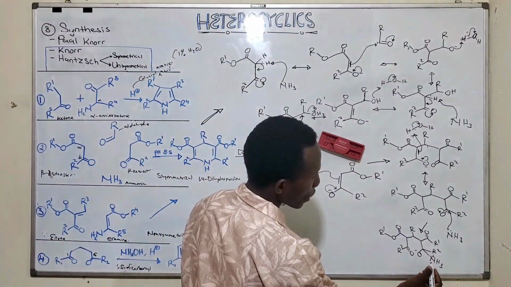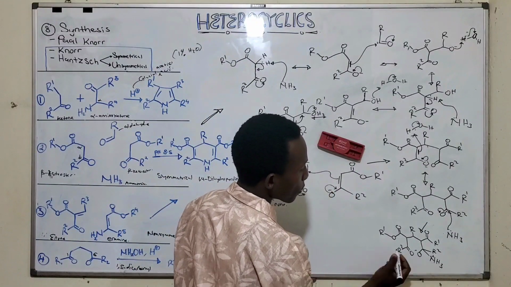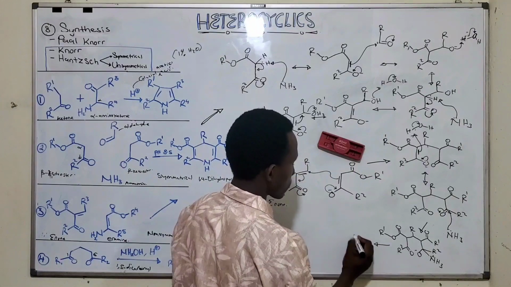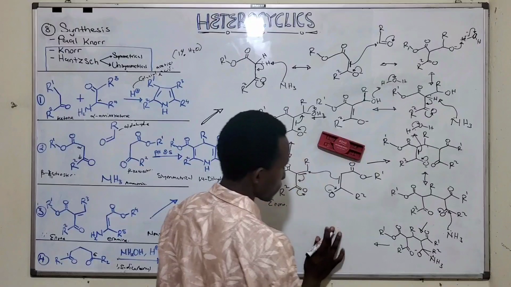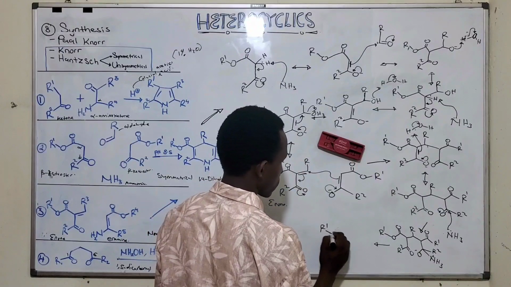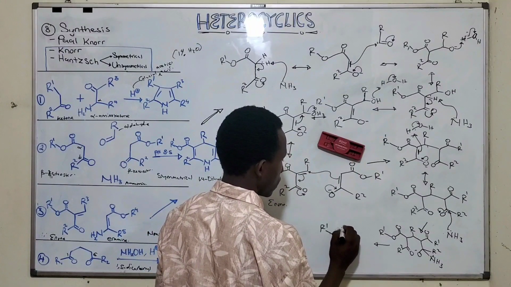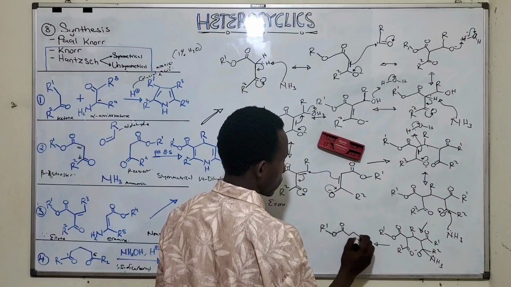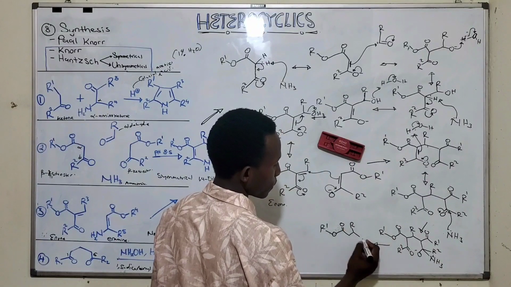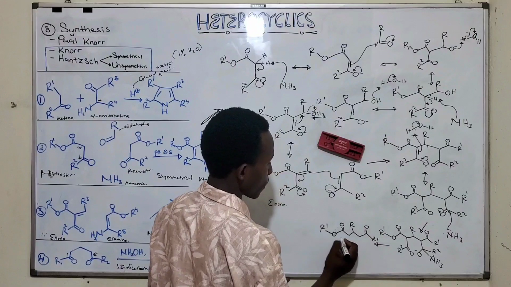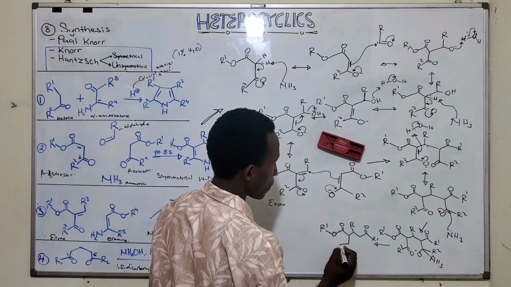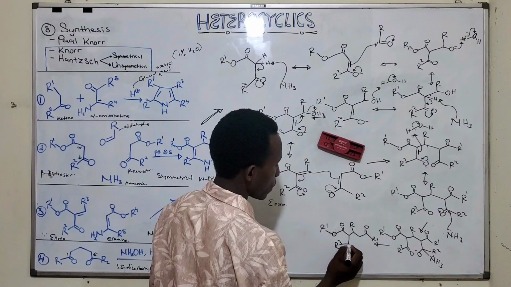Then here we can have a proton shift. R1, oxygen, R, then R1 with this. Here we have R2.